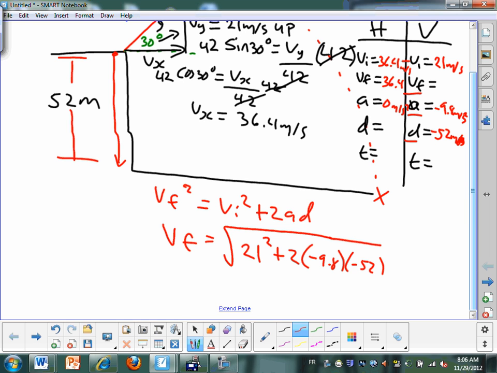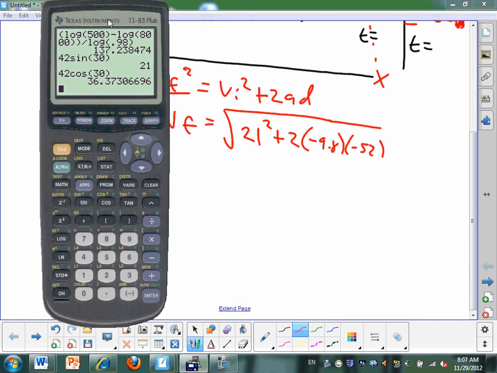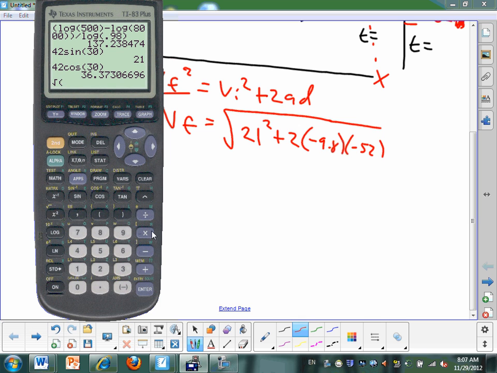Why do you think I took the square root of that? Because I was trying to find velocity final, not velocity final squared. So I took the square root of both sides. I should be able to put that straight into my calculator. So the square root of 21 squared minus 2 times negative 9.8 times negative 52.